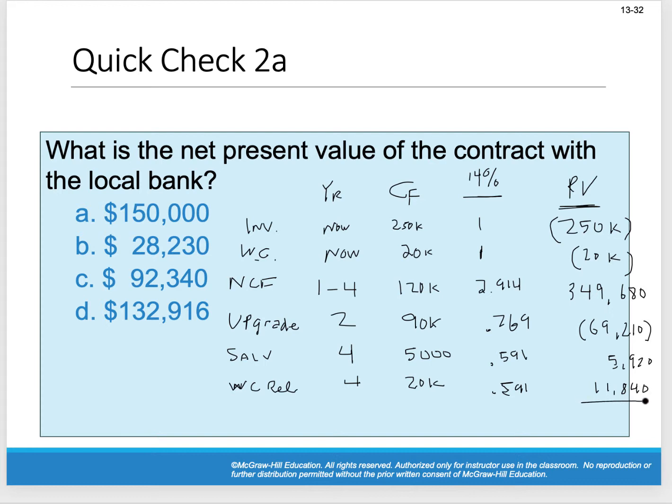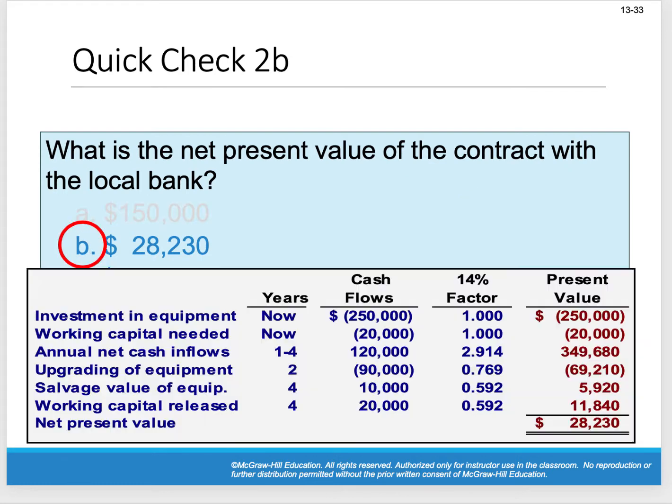I sum all these numbers up and I get 28,230. So my answer is B. And there it is right there. Okay, I just wanted to walk through and show you how to use those two tables.